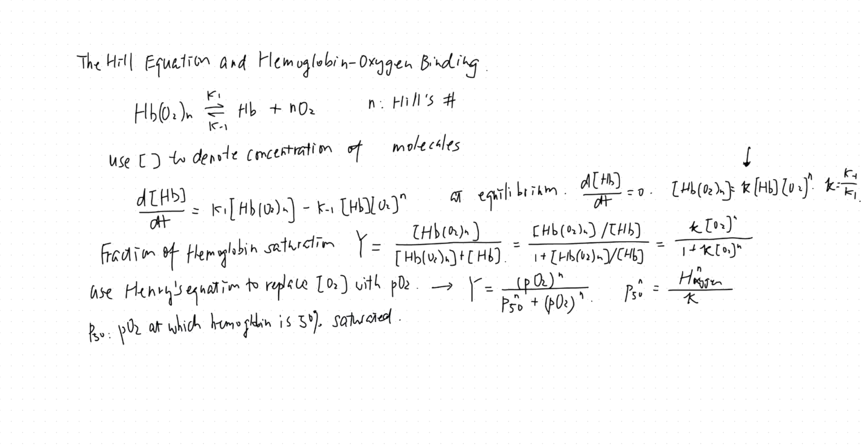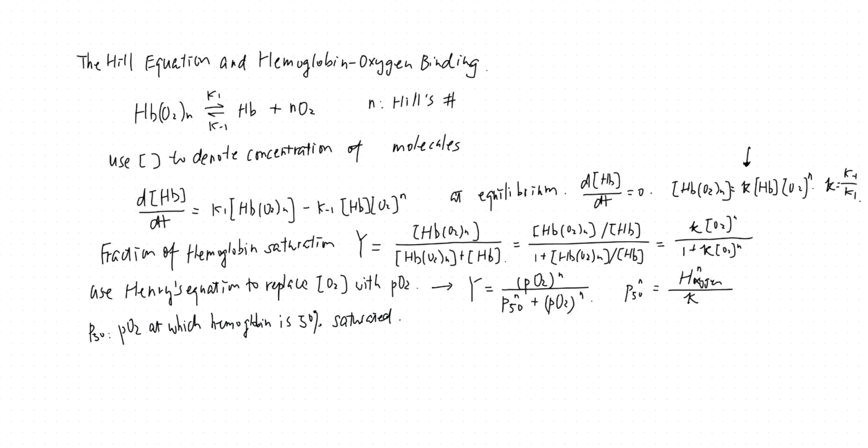And just see that if you replace PO2 in the expression of Y, if you let PO2 equal to P50, then you automatically get Y equal to 1/2. So that is obvious from this perspective.